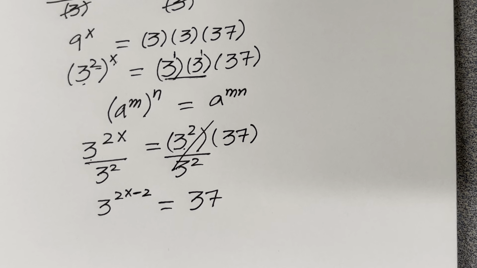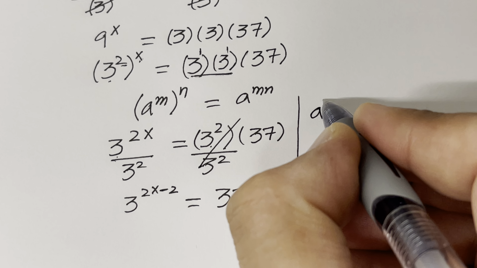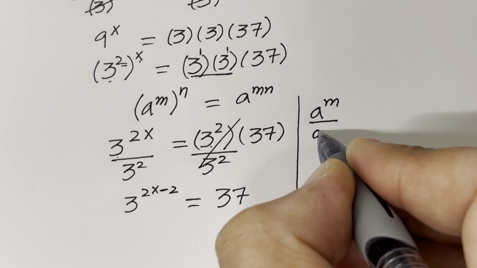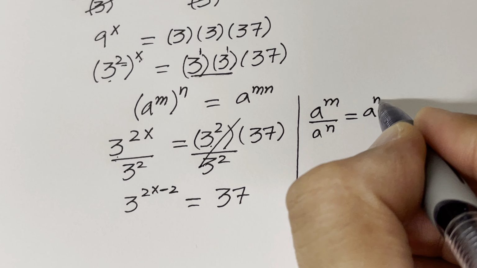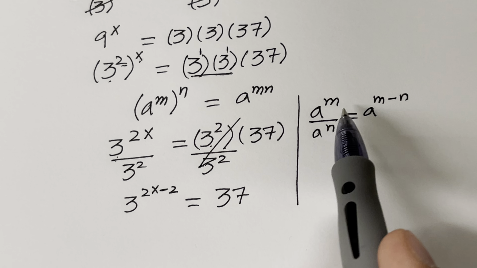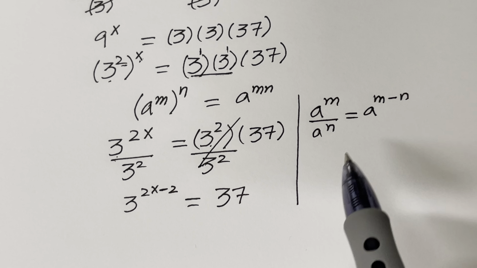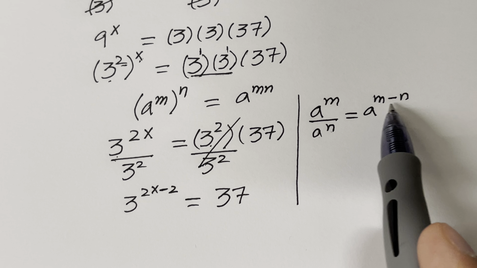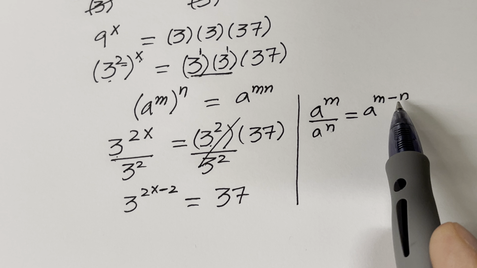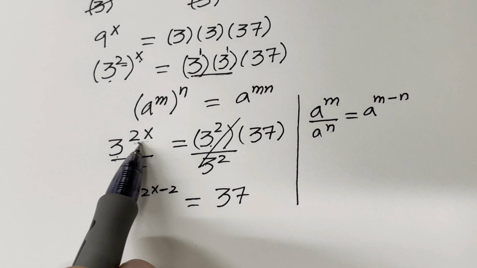Because we have this property: if you have a raised to the power m divided by a raised to the power n, then that is just equal to a raised to the power m minus n. So I'm just subtracting this power from this one.